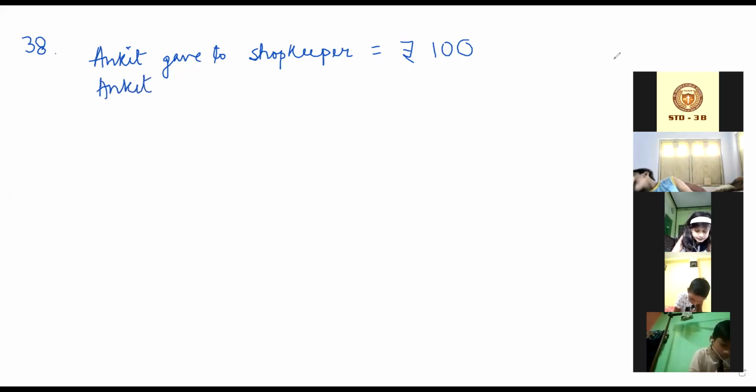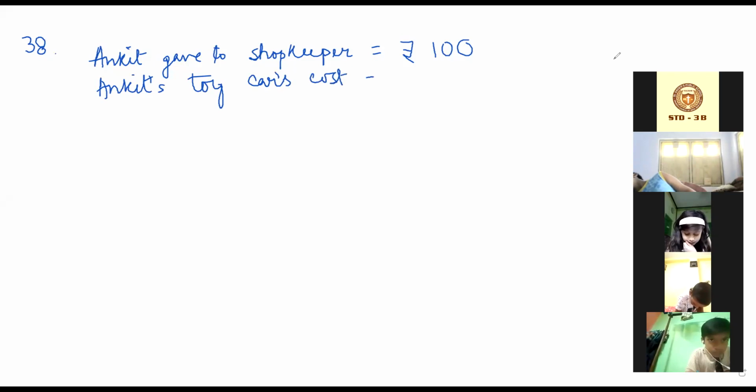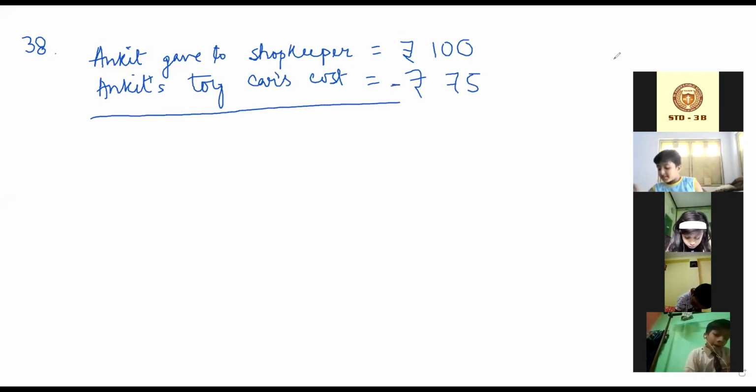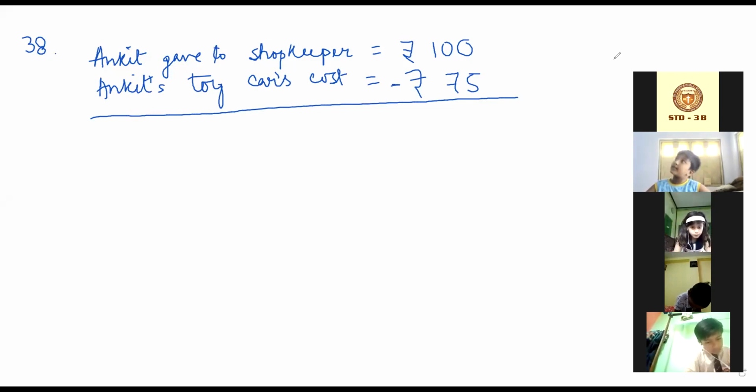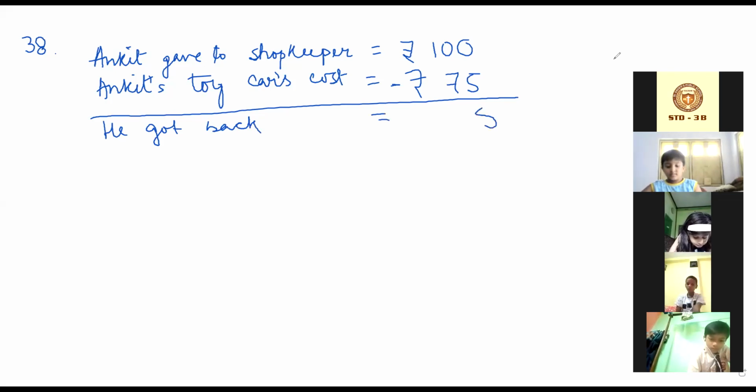Ankit's toy car cost is. We will do the minus. Here, what will be here? He got back. So very easy sum. 5.